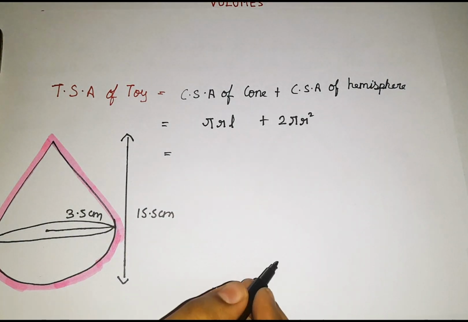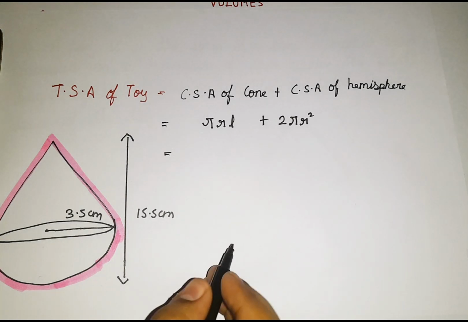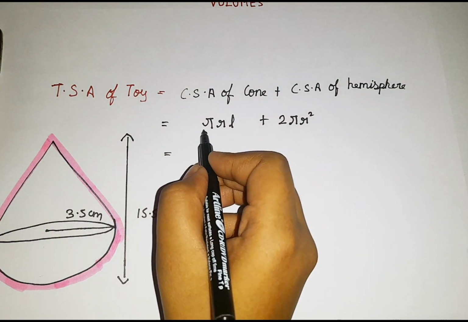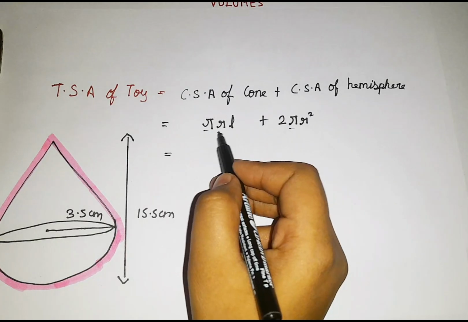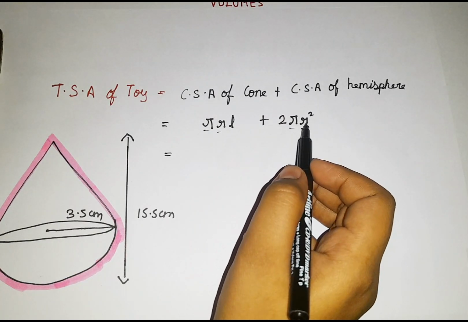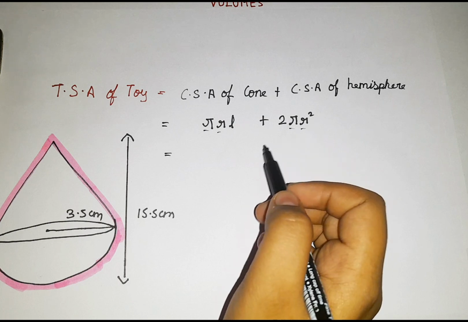Here I have pi, and here also I have pi. Here I have r, and here also I have r, but here it is r square, no problem.